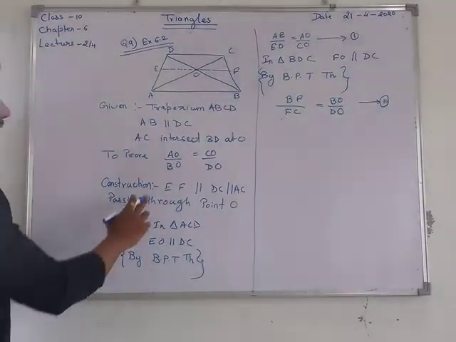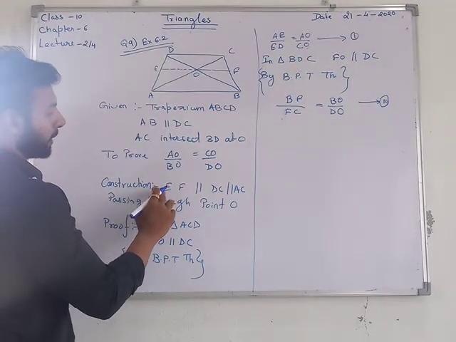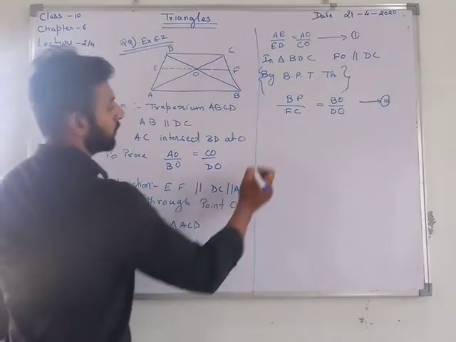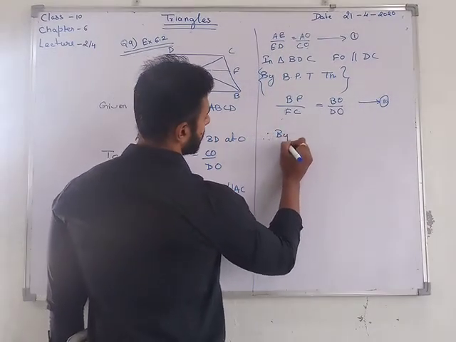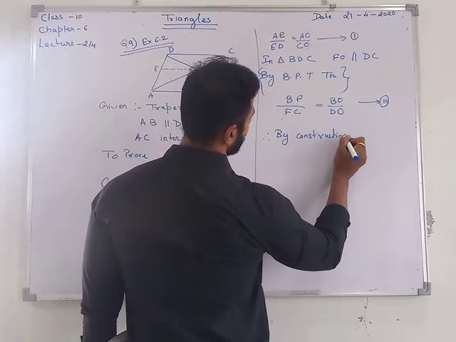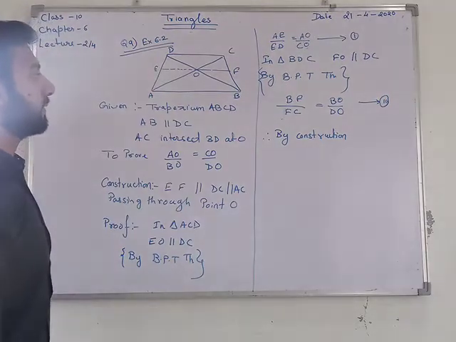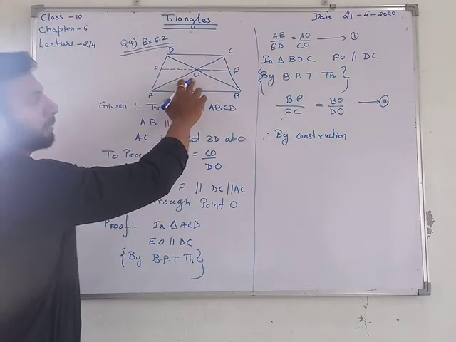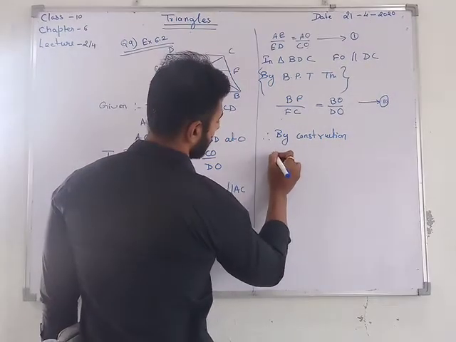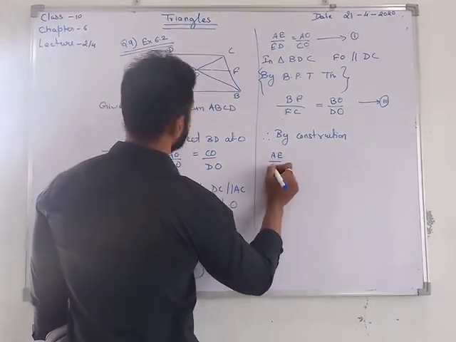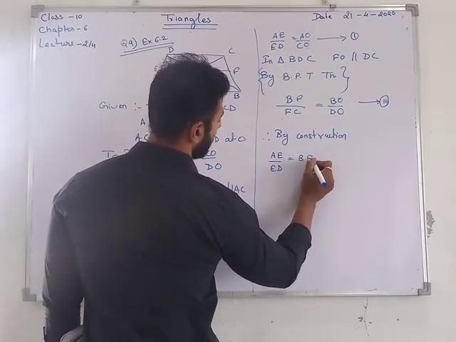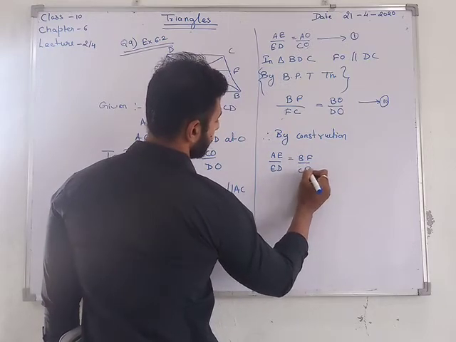Now by construction we have made EF parallel to DC, therefore EF passes through the midpoint O, therefore AE upon ED is equal to BF upon CF.